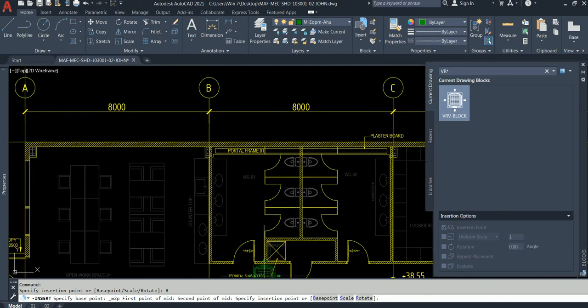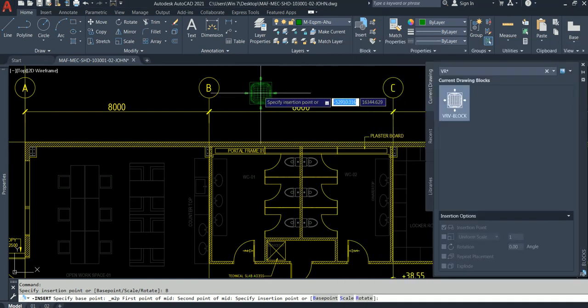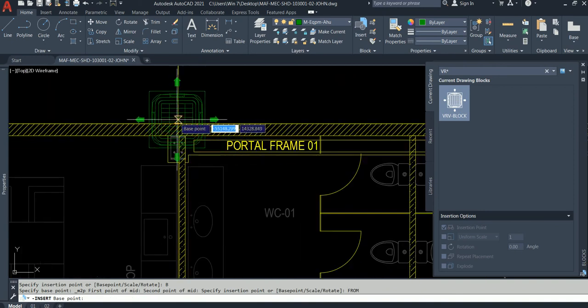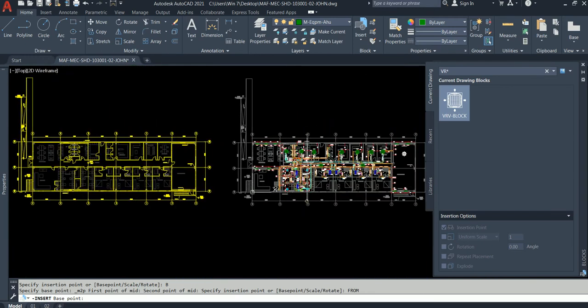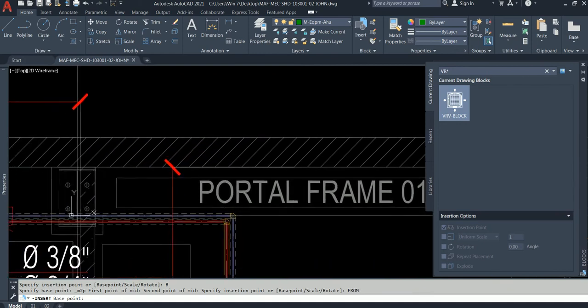Okay, what was the dimension? 1745. Okay, what are you going to do now? From where? I forgot from where. I think it was from this point. I forgot, seriously. Must be careful.